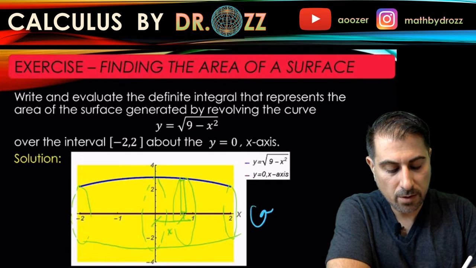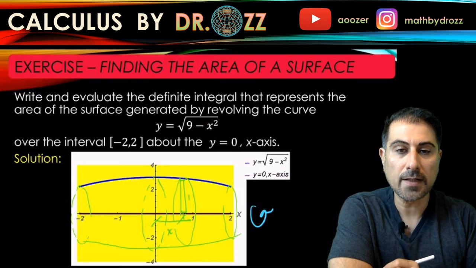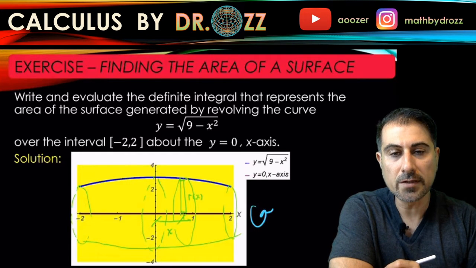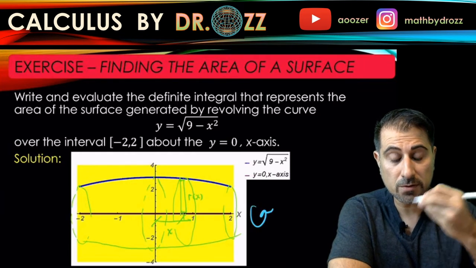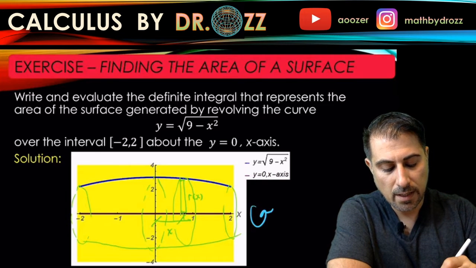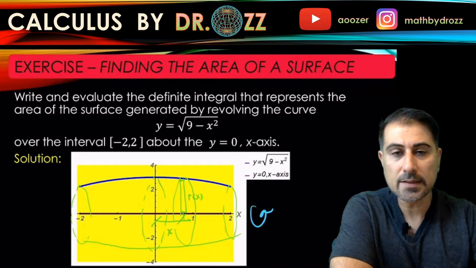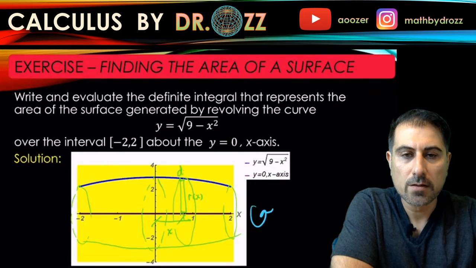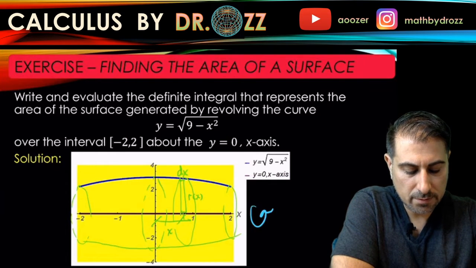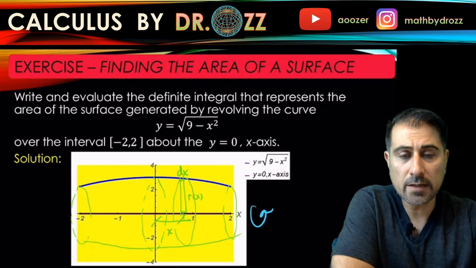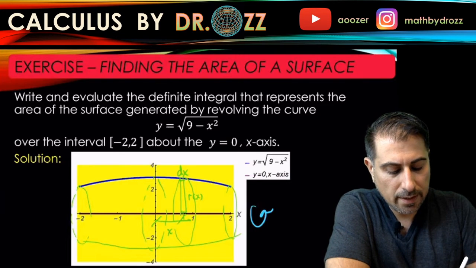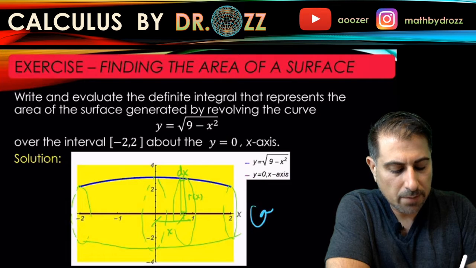So now r of x corresponding to that is in fact the radius of the circle after the surface of revolution. Let's say this circle is not a circle but a disk with thickness dx. So r in this regard is determined by the function, which is radical 9 minus x squared.